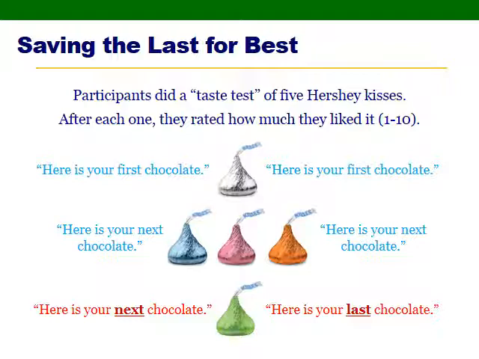So they knew that this would be the last one. If these researchers' theory is correct, what we should see is that the group of people who knew that the 5th chocolate would be their last would rate the 5th chocolate as being better compared to people who didn't know that the 5th chocolate would be their last one.